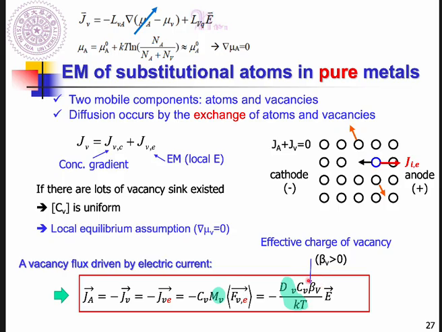So for sure, this term should always be positive, because for metal ions it is negative. Negative means the moving direction is the same as the electrons flow, and positive means the moving direction for this vacancy is identical with the current. Positive means identical with the current.